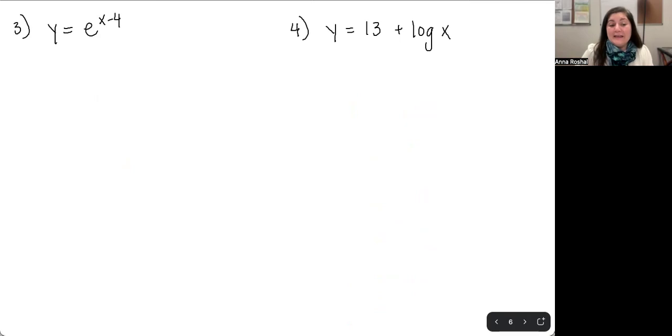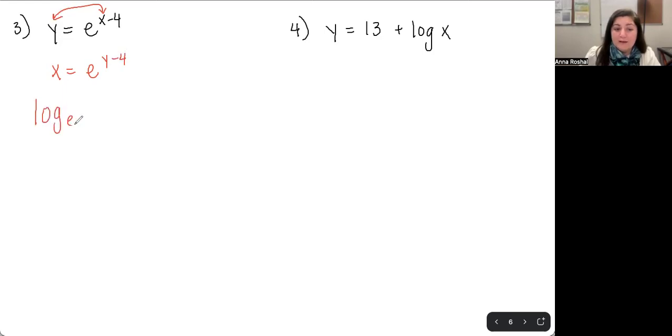Okay. This one would be the same exact way. Because it's an e, first we're going to flip-flop the x and the y. x equals e to the y minus 4 power. I know that I'm going to ln both sides, if that makes any sense, or go from exponential to logarithmic form.